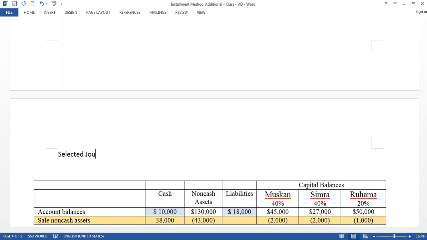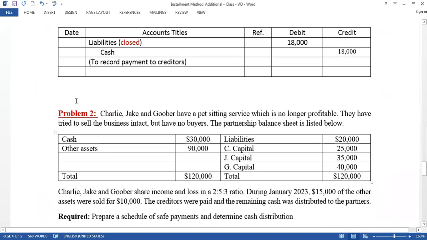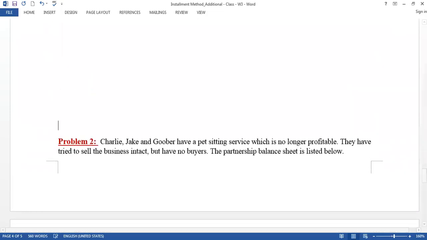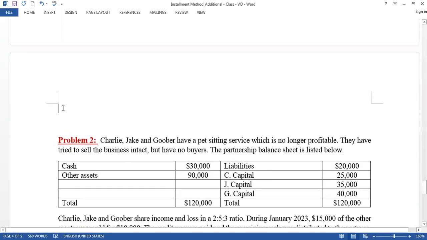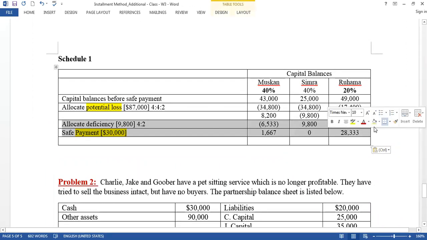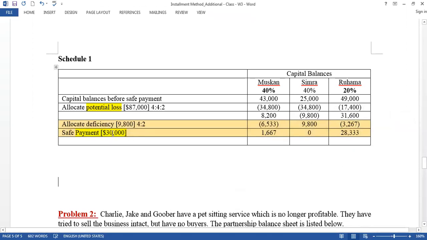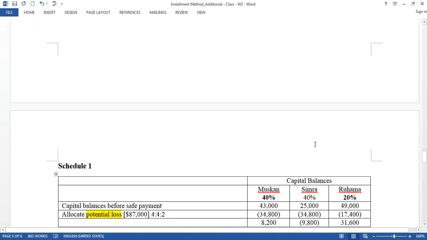Selected journal entries means I am not going to repeat some journal entries again and again. So what should be the journal entry for Schedule 1? Let me explain to you. These two items I'm going to show you: allocate the deficiency and make the safe payment.